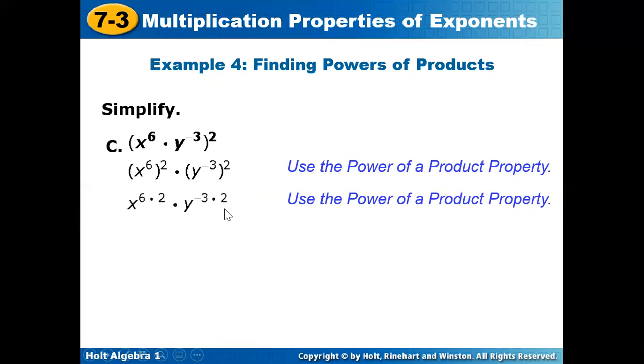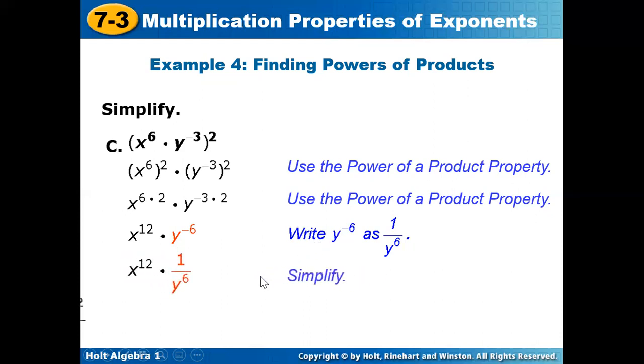Continue to use the power of product property. 6 times 2 is 12. -3 times 2, a negative times a positive is a negative. Remember, when you simplify the best you can, you need all positive exponents. So you drop that y down. And you get x to the 12th divided by y to the 6th.